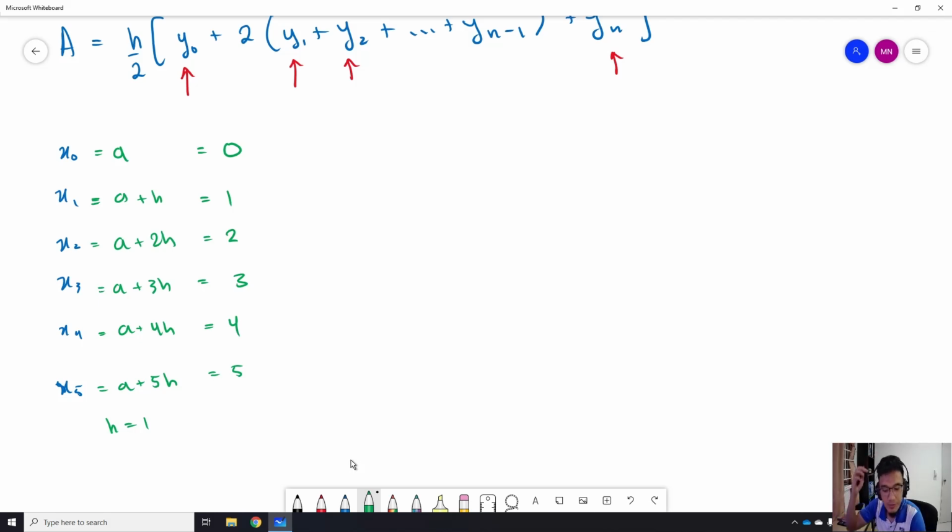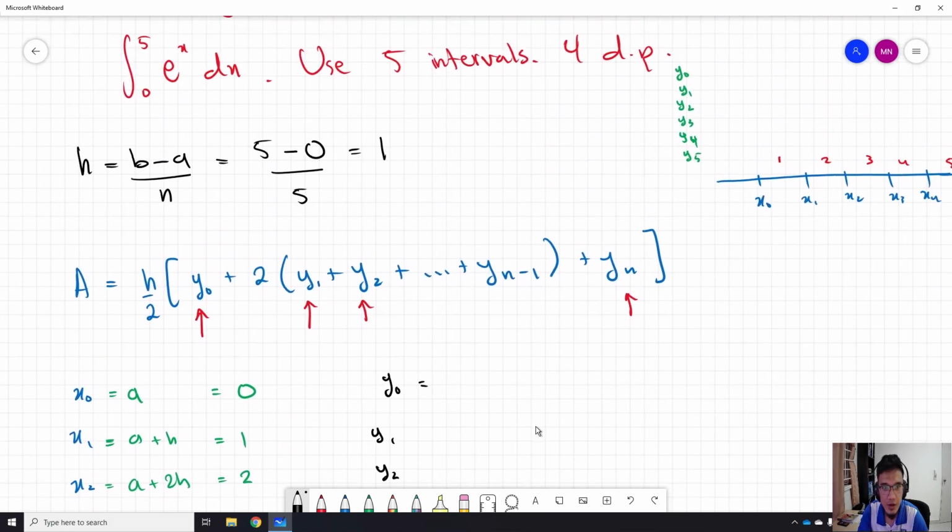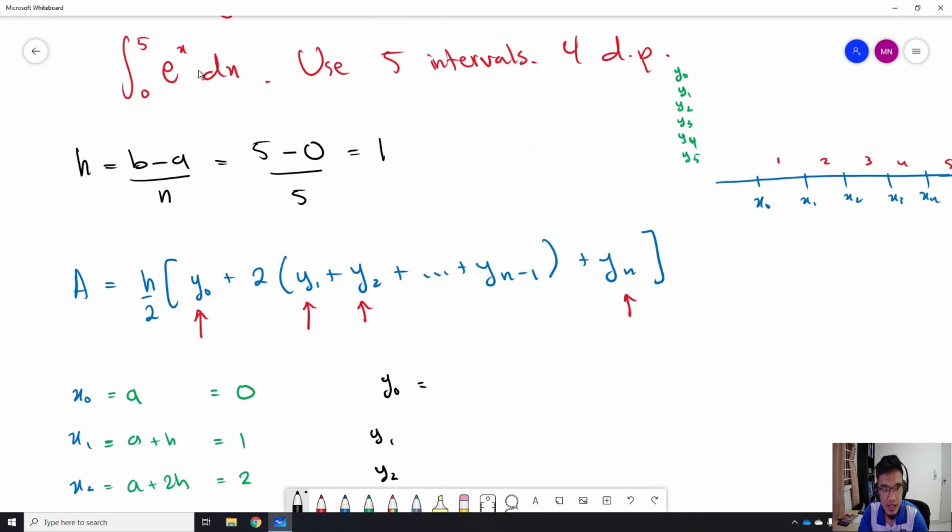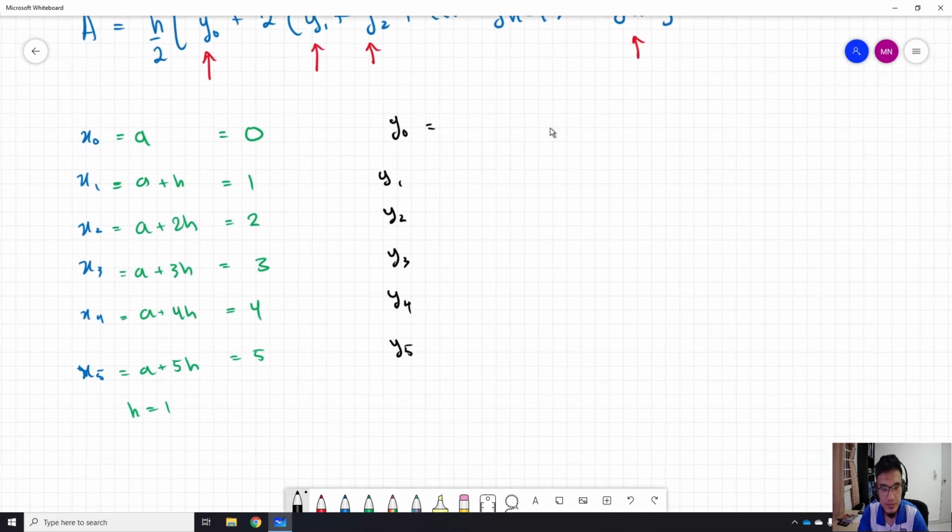Okay, so then we have the ordinates. Then we find y0, y1, y2, y3, y4 and y5. So y0 will be based on the equation of our function, that is e to the power of x.